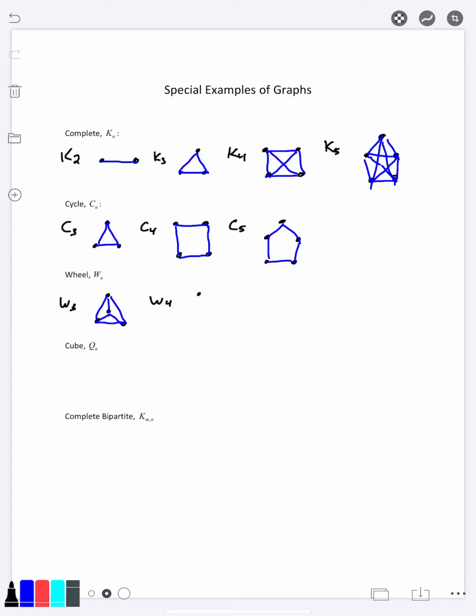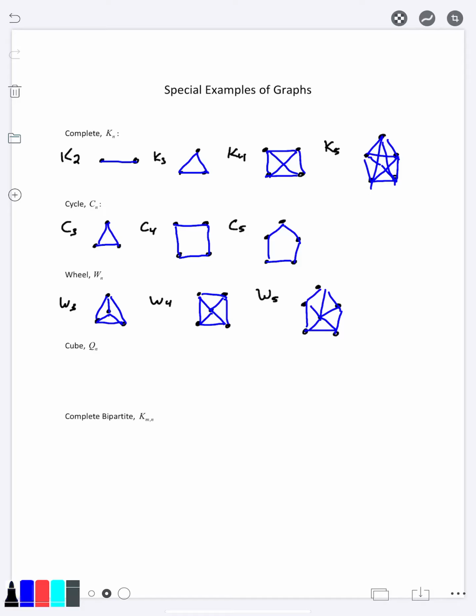So if I want my W4 here, you start with your cycle 4, and then you add a middle point, and the middle point just connects to everything. If you want your wheel 5, you start with your cycle 5, and then have a middle point that connects to everything.